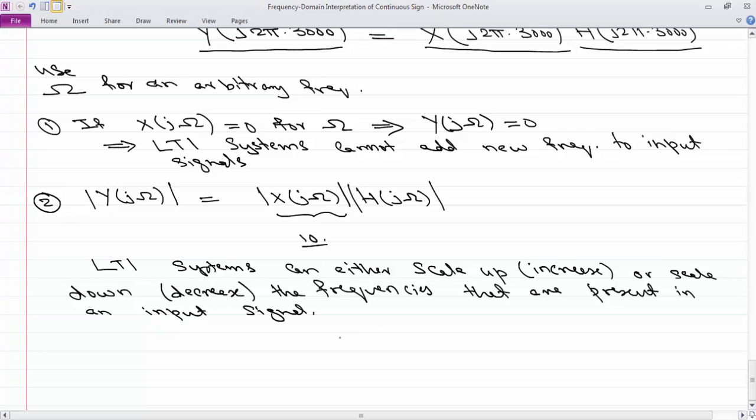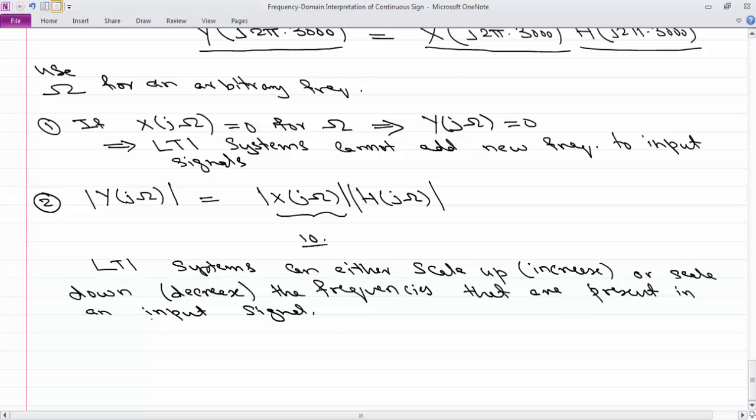For example, let's say your input signal had a frequency at 2 kilohertz, and you want to make sure that at the output you have no frequency at 2 kilohertz. What's the easiest way to do that? You design an impulse response so that h(jω) is 0 at 2 kilohertz.